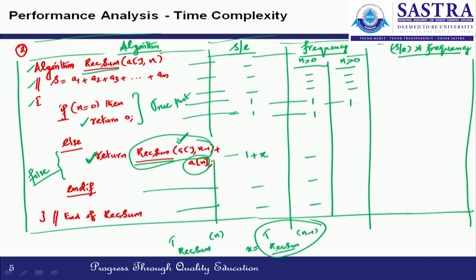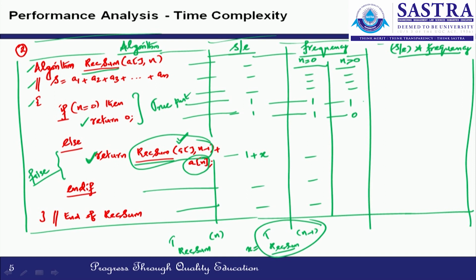Return 0 when n is greater than 0: the if condition becomes false, so return 0 is not executed. So here we should put frequency 0. 0 indicates that return 0 is not executed when n is greater than 0.